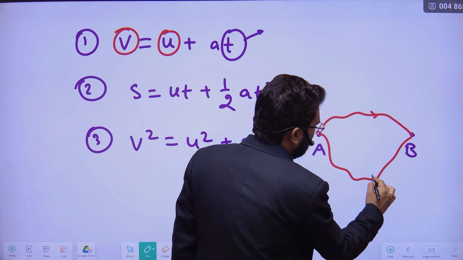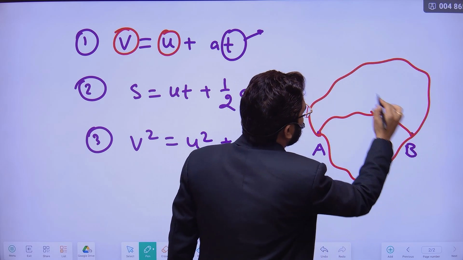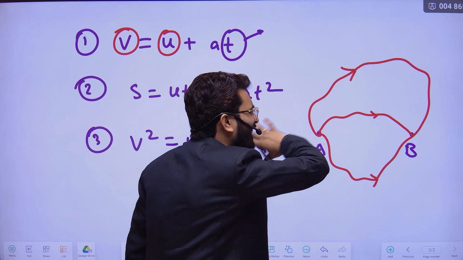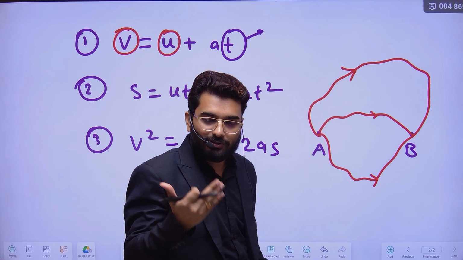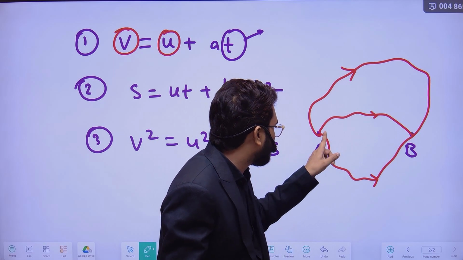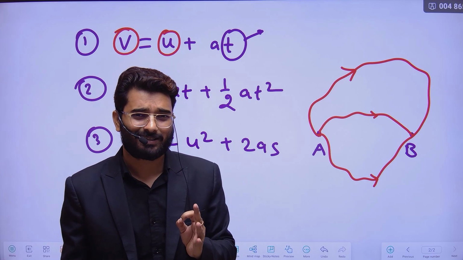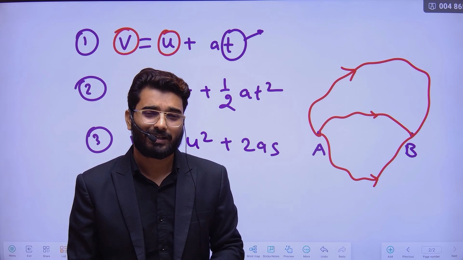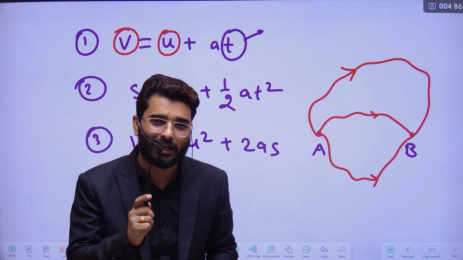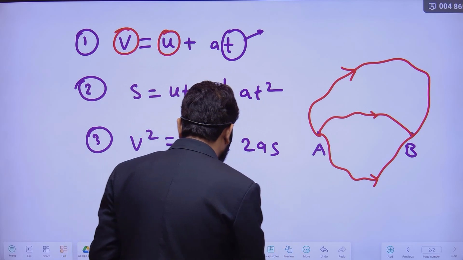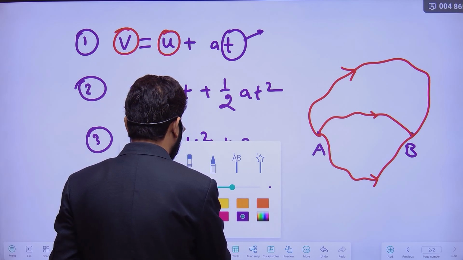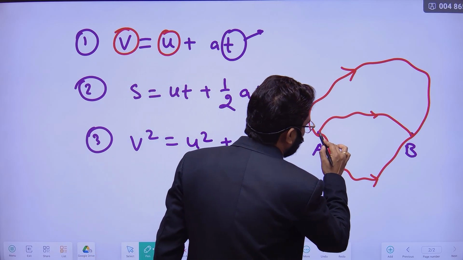This one also, this one may be also. So there are infinite paths to reach point B from point A. But there is only one shortcut that anyone can take from point A to point B. This is the straight way.